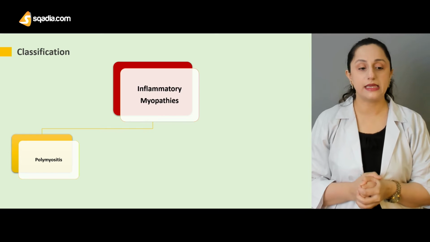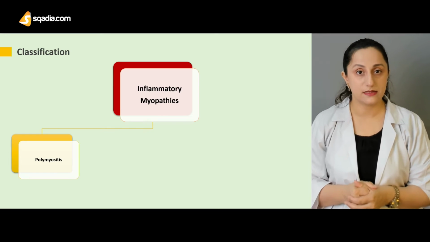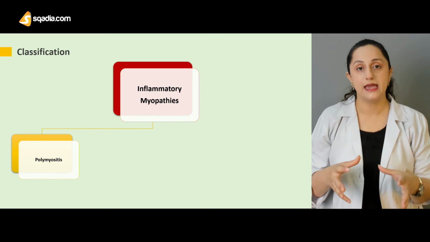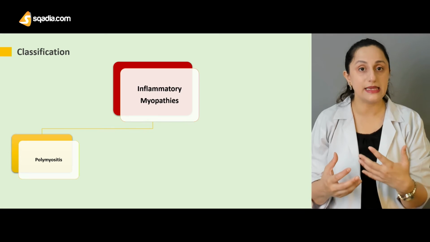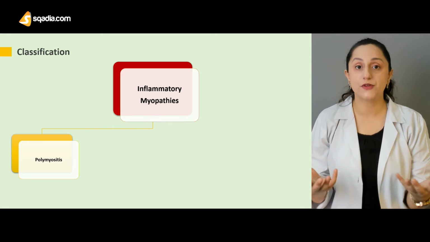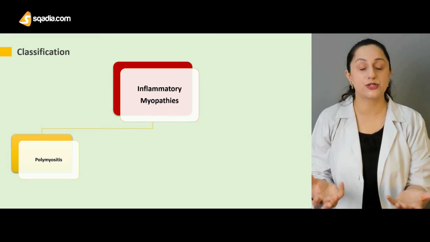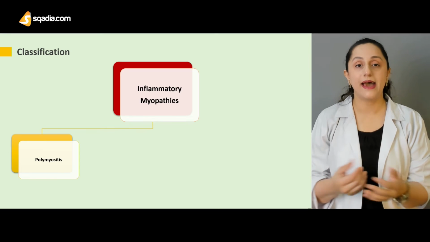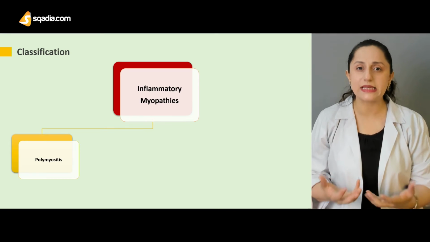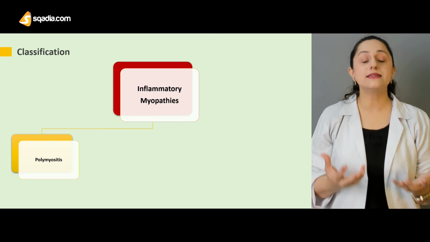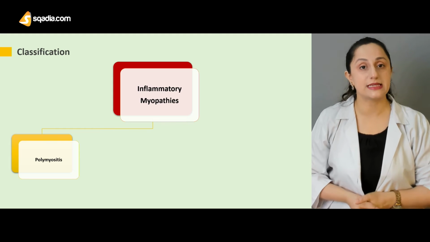Majorly, we have the cases of polymyositis. Now, when we say that this particular patient is suffering from polymyositis, we are basically looking at a patient who is suffering from polymyalgias. There is a symmetrical involvement, and obviously the patient is also complaining of weakness and chronic fatigue, and these are the only symptoms that the patient is complaining of.